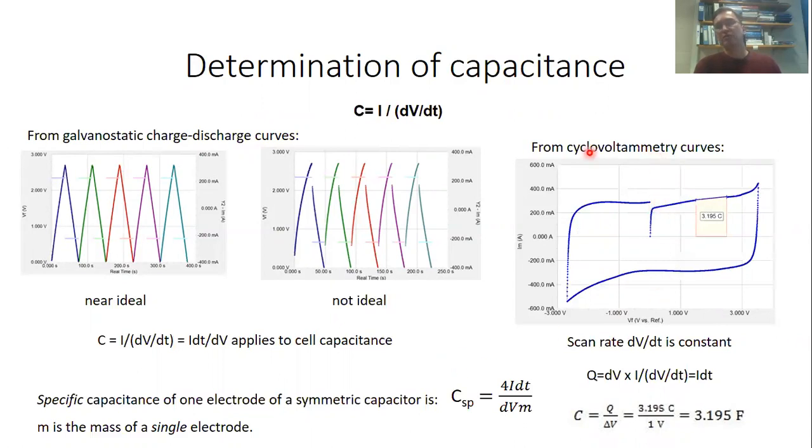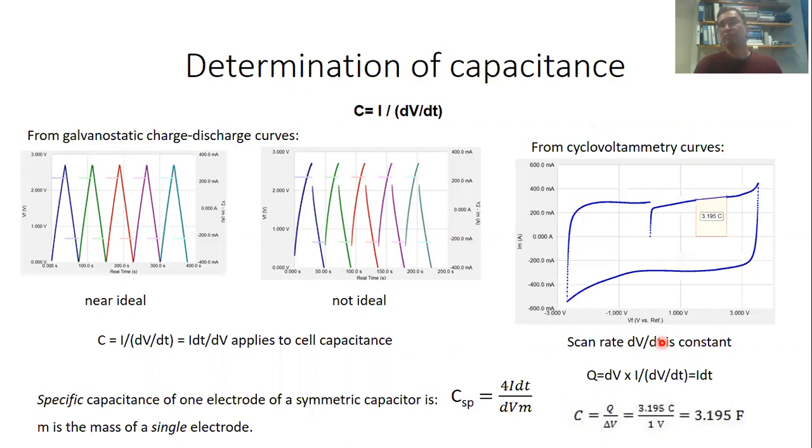Another method is to determine the capacitance from cyclic voltammetry curves. In this case, you keep the scan rate constant. That means the change of the voltage in a particular time unit. For instance, a scan rate could be 10 millivolts per second or 50 millivolts per second or 100 millivolts per second.